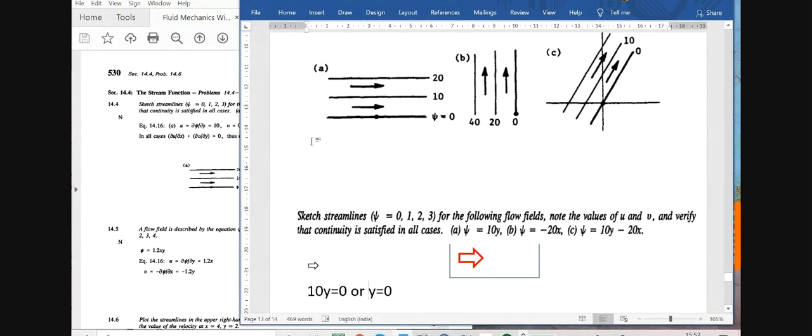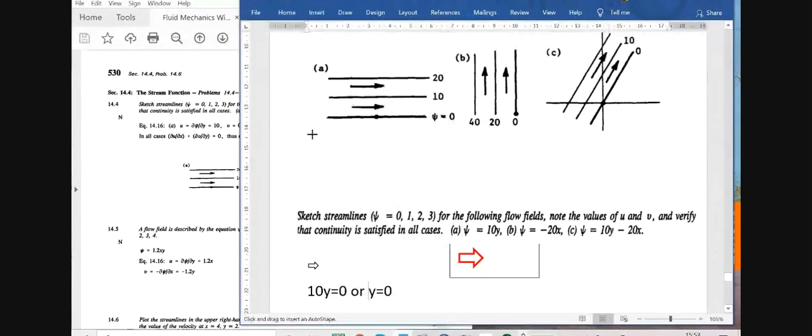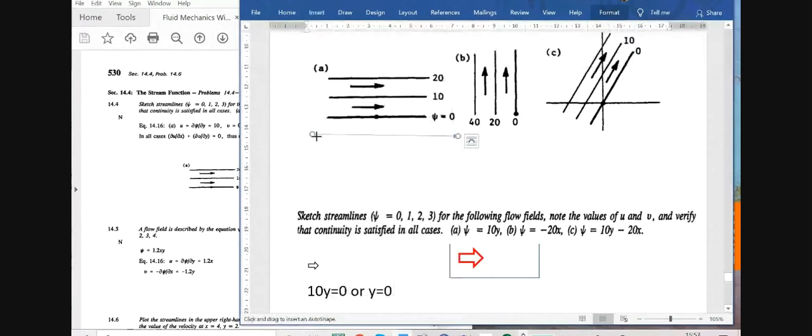If I draw the x-axis and the y-axis, then all along this line, y is equal to 0.